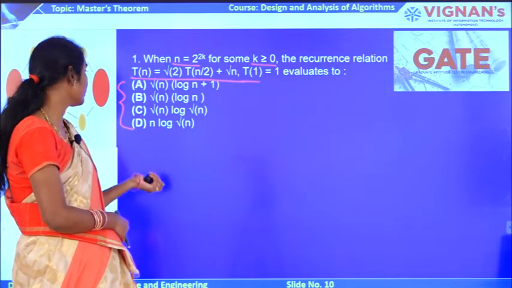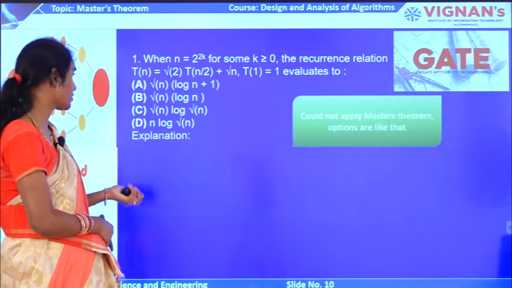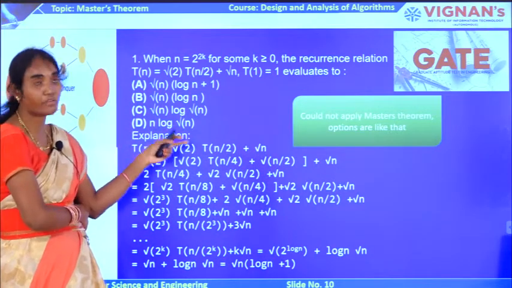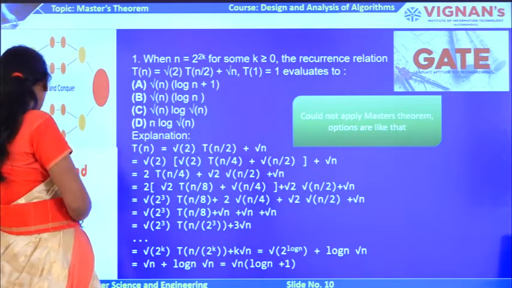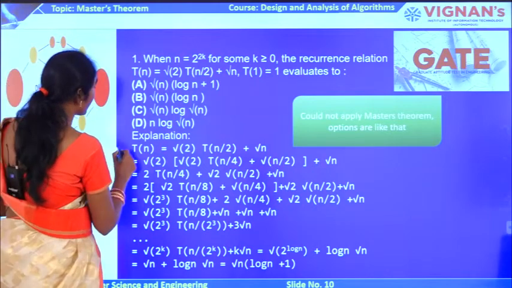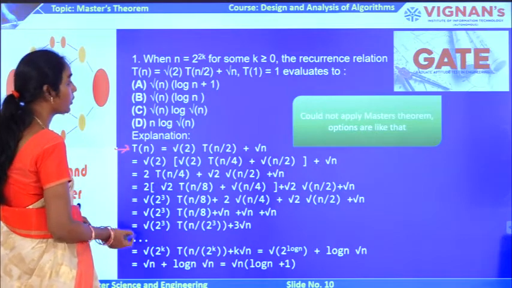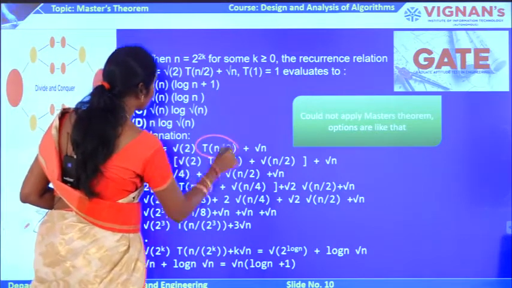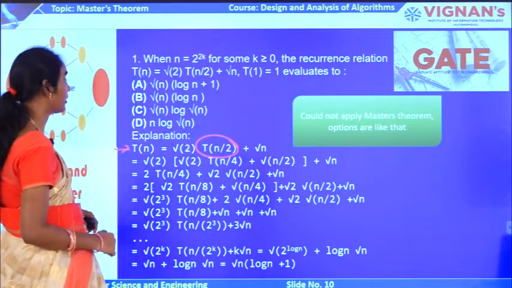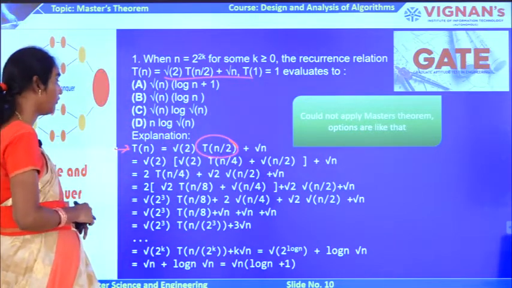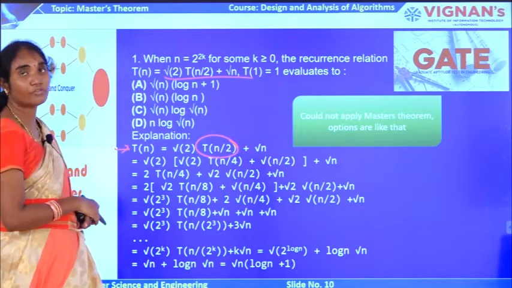Now, repeatedly substituting: T(n) = root 2 into T(n/2) + root n. Now again I am substituting T(n/2), which gives root 2 into T(n/4) + root of n/2.